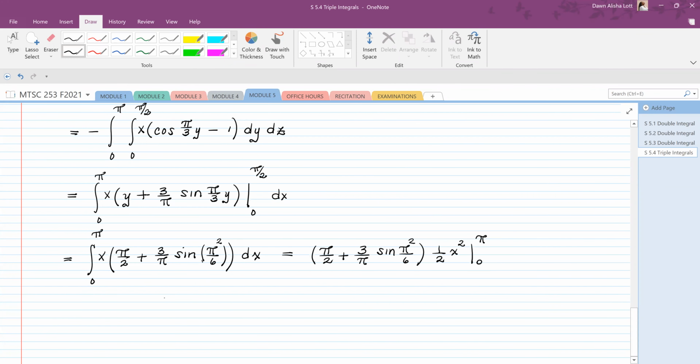So that gives me 1/2 pi squared times pi over 2 plus 3 over pi, the sine of pi squared over 6, which I have conveniently taken out the 1 over 4 and written it as pi squared over 4.